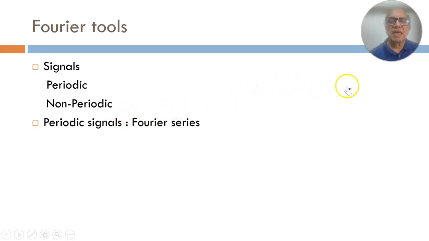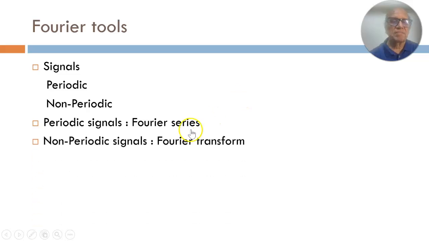For example, information carrying signals are often random, and theoretically you can say that they never repeat themselves, or they repeat themselves after infinite time, which is as good as saying that they don't repeat themselves. So they belong to the non-periodic class. These are two of the examples. For periodic signals, you need to study Fourier series, and for non-periodic signals, you need to study Fourier transform. Now in this lecture, we are going to concentrate on Fourier series. So let us start with that.